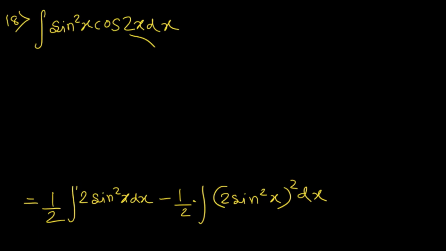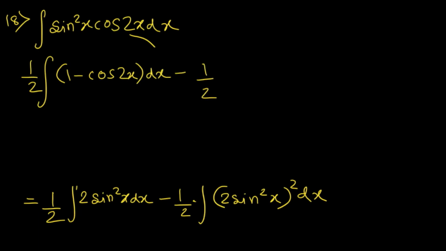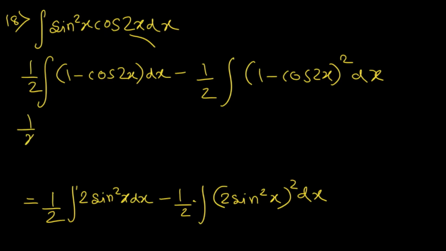Now 2 sin square x gives 1 minus cos 2x. So 1 by 2 integration of (1 minus cos 2x) dx minus half integration of (1 minus cos 2x) whole square dx. This comes under the standard formulas of integration, so we can easily integrate cos 2x.